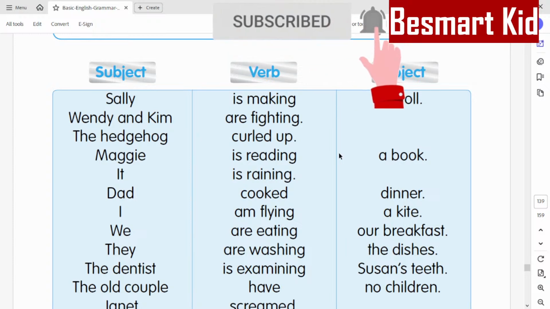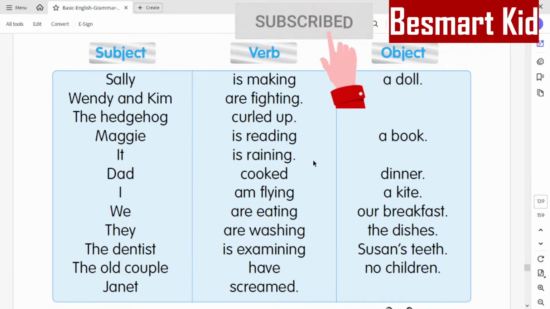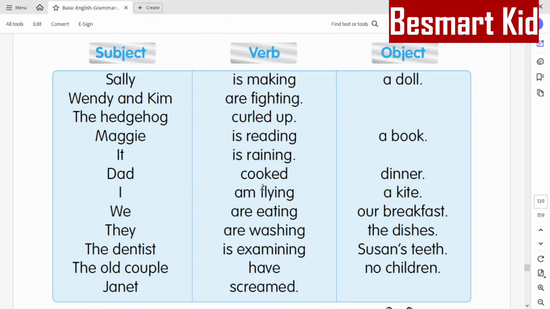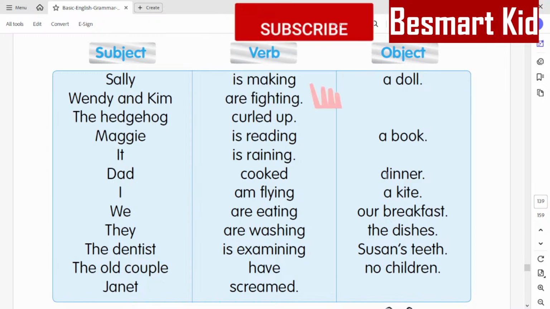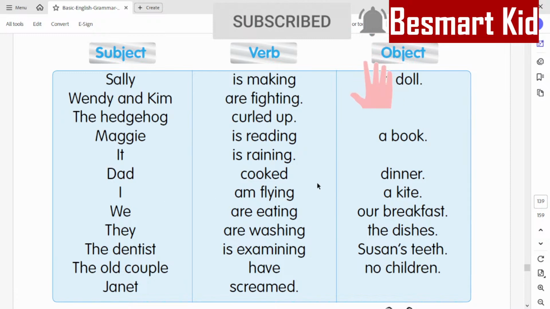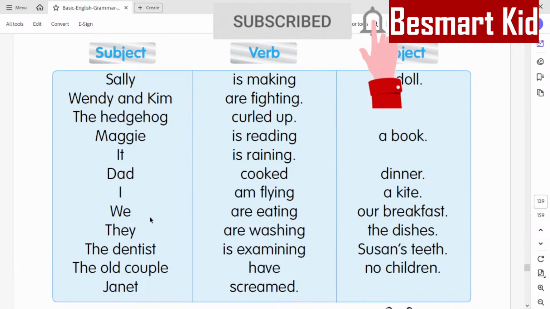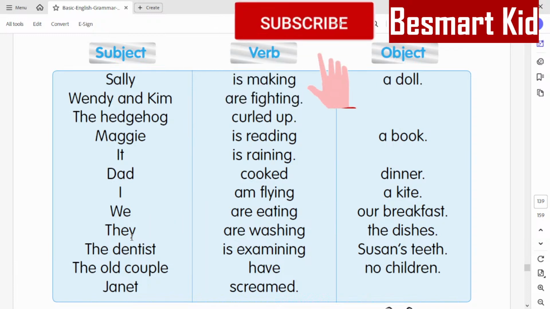Maggie is reading a book. It is raining. Dad cooked dinner. I am flying a kite. We are eating our breakfast. They are washing the dishes.